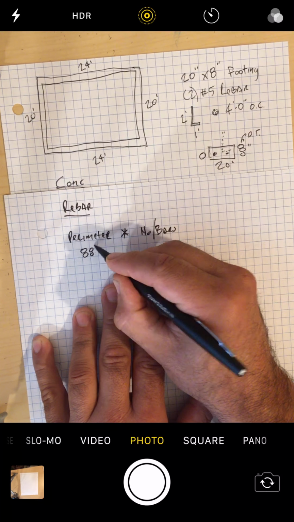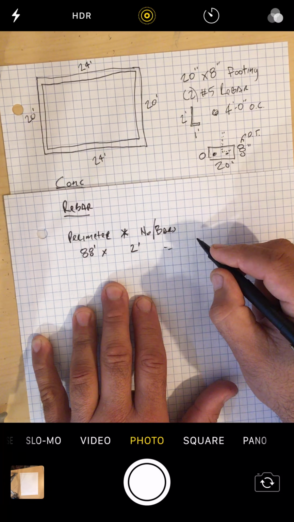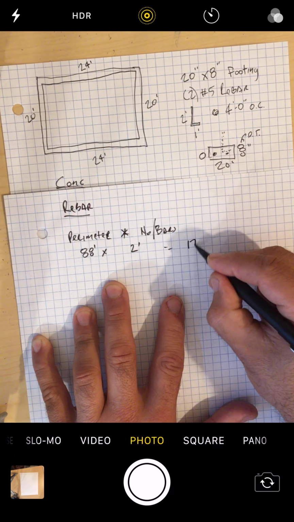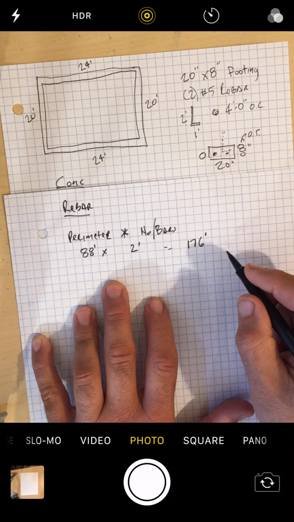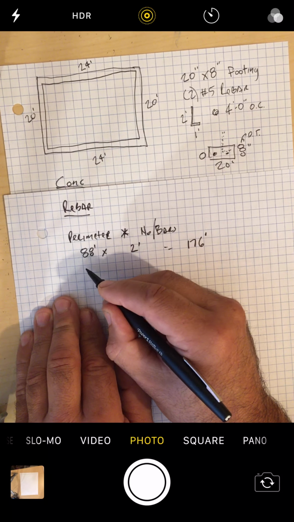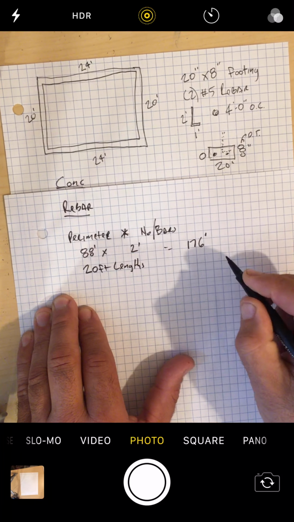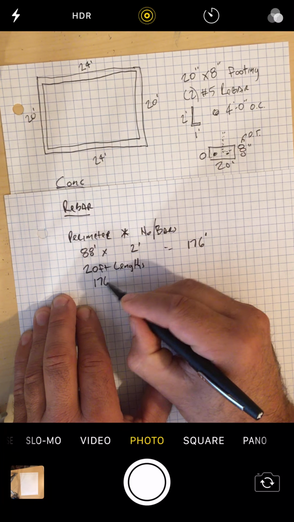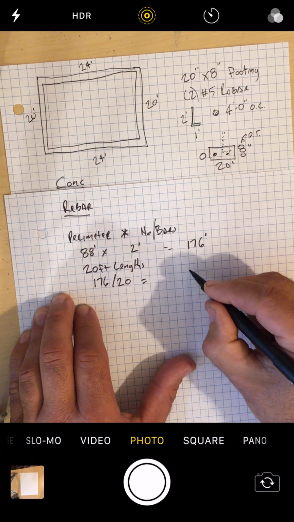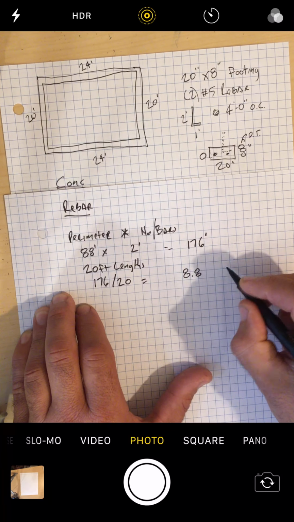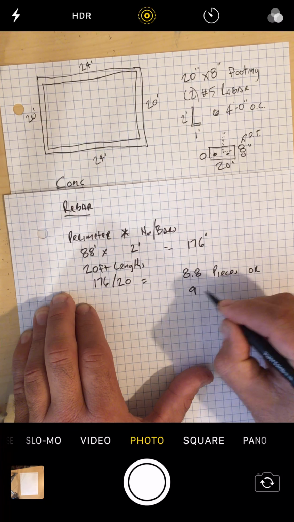So we're going 88 feet times 2, because we have 2 bars, which is going to equal 176. In this case here, it's the same as the drain tile. And remember, rebars come in 20-foot lengths. So we're going to divide 176 divided by 20, and that is going to become 8.8 pieces. Or in this case here, we're going to round up to 9 pieces.